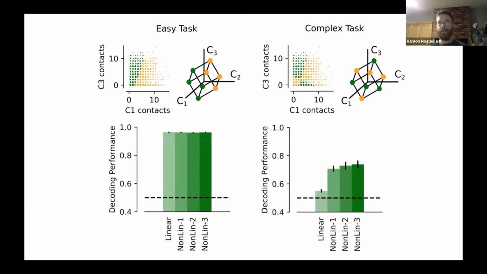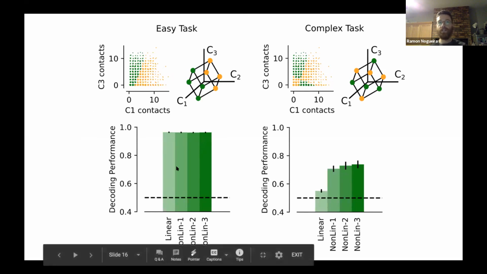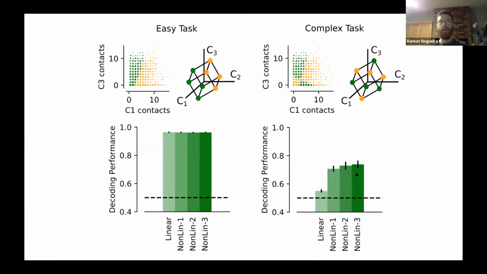So by taking the same approach that we used to decode object shape and mouse choice, an insightful result was revealed, which is that linear and nonlinear classifiers all had a very similar performance on the easy task, while only nonlinear classifiers performed above chance for the complex task. Therefore, these results provided further evidence that the whisker-based discrimination task is a linearly solvable integration task because we found this exact same profile.